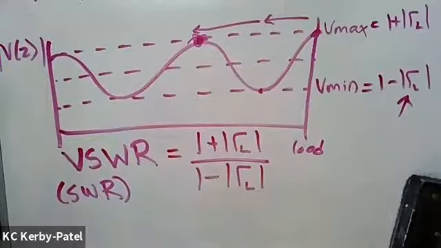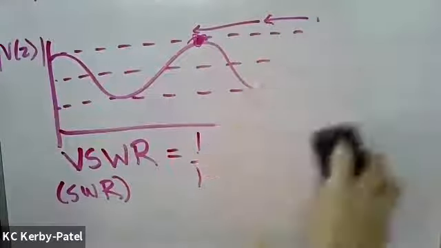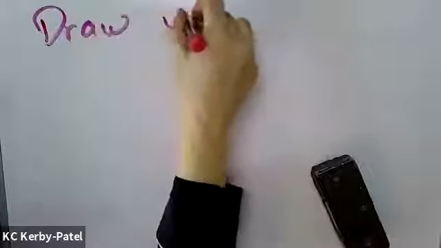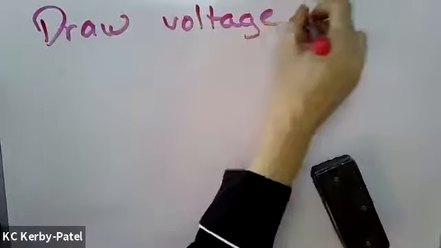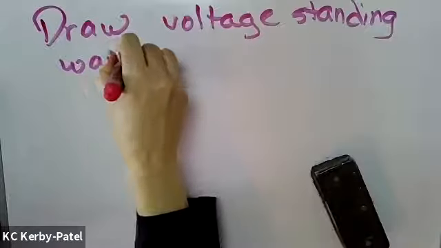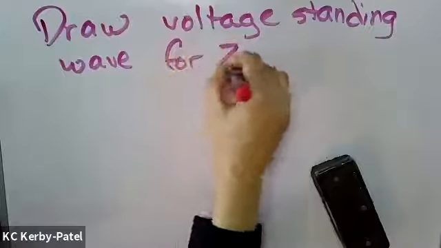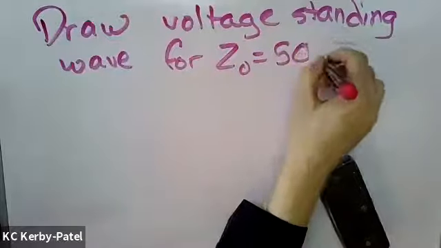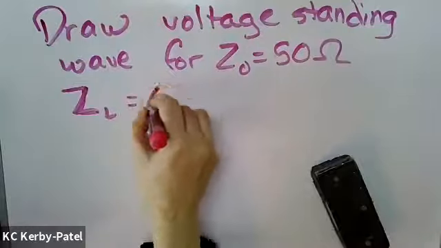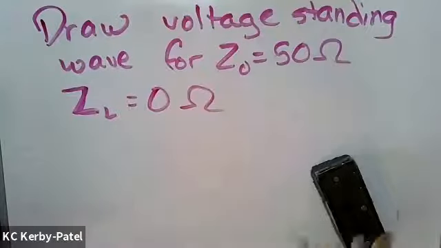Second activity, last thing for the day. This is the thing I want you to take a screenshot of, so pay close attention. Draw the voltage standing wave for characteristic impedance of 50 ohms, and the load impedance is 0 ohms, a short circuit.